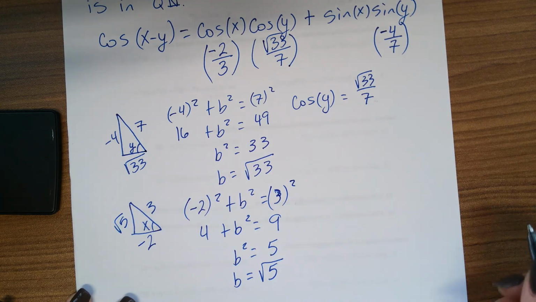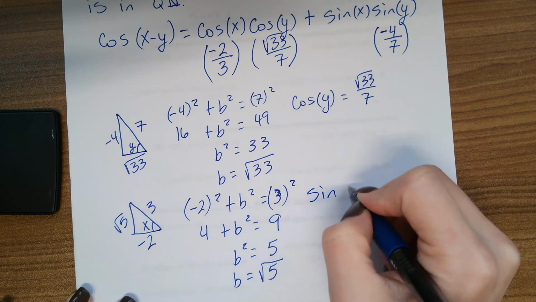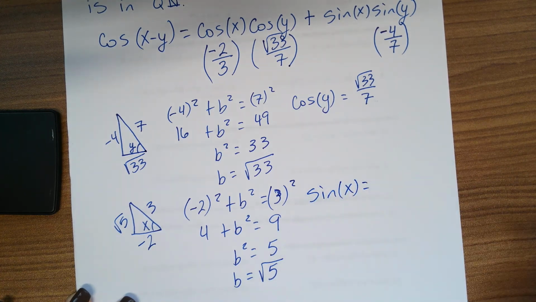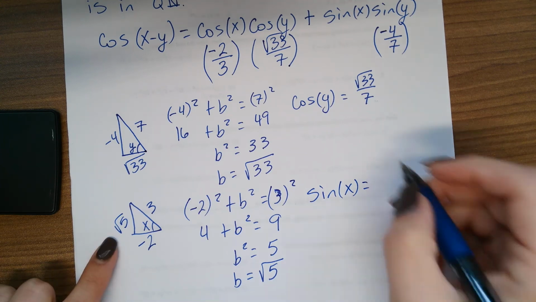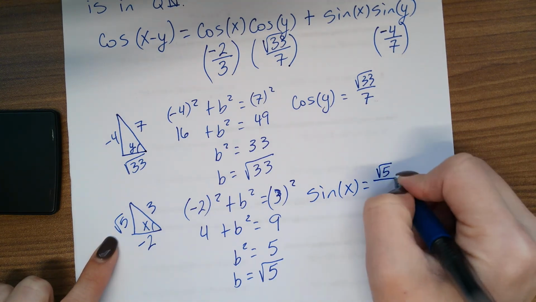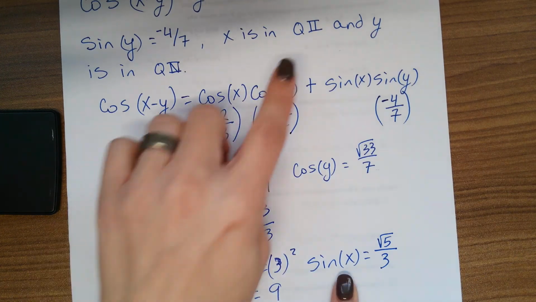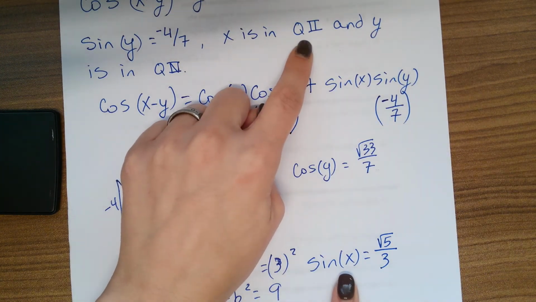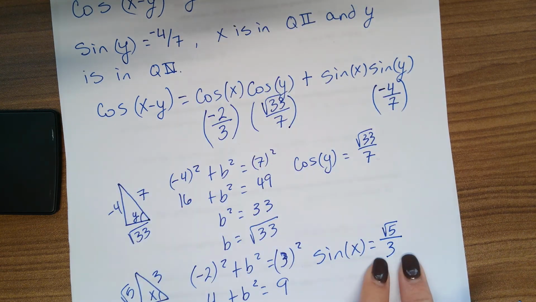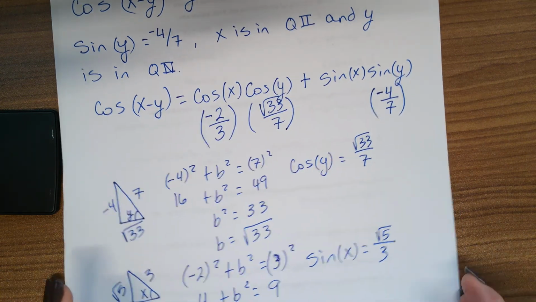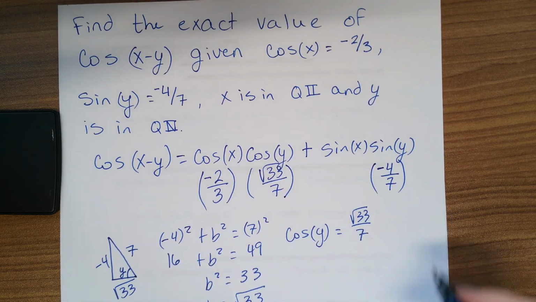We are looking for sine, and again, we know that sine of an angle is opposite over the hypotenuse. So my opposite side is the square root of 5. The hypotenuse is 3. And angle x is in quadrant 2. Sine is positive in quadrant 2, so again, sine here will remain positive. So I have sine of x equals the square root of 5 over 3.